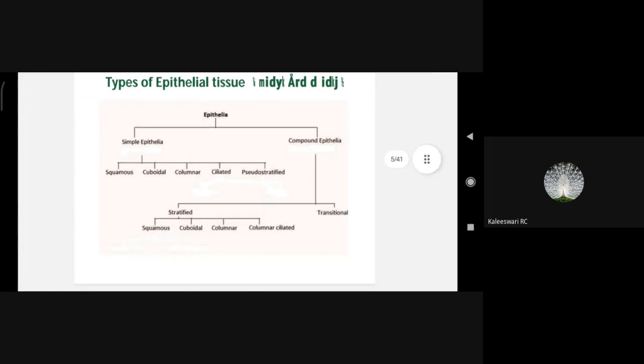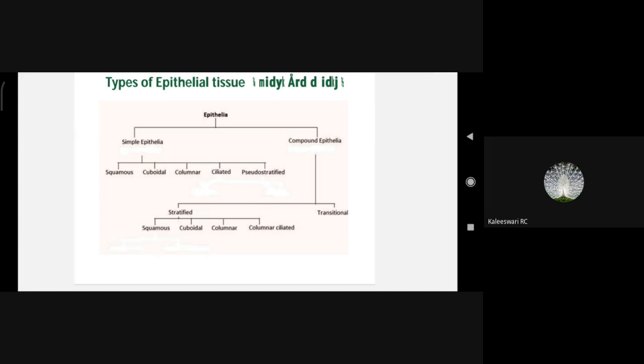So there are different kinds of epithelial tissue. We can categorize it into two main types: simple epithelia and compound epithelia. Simple is divided into further types like squamous, cuboidal, columnar, ciliated, and pseudostratified.